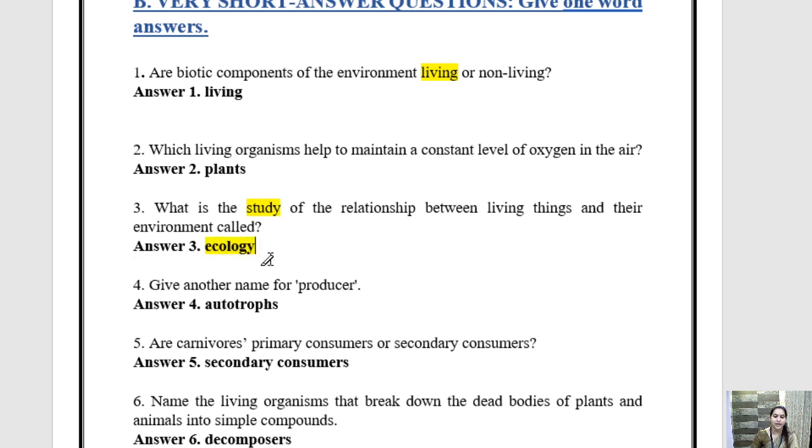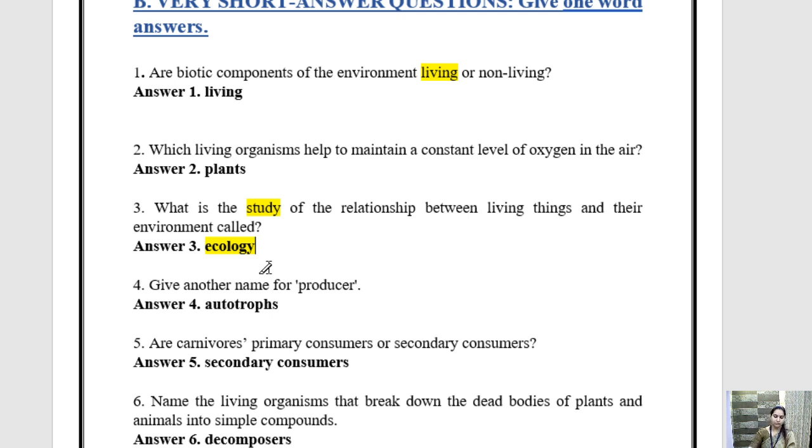Ecology. Alright, ecology is a subject. Just like science is a subject, bio is a subject, physics is a subject, chemistry is a subject, similarly when we study the environment, that subject is called ecology.